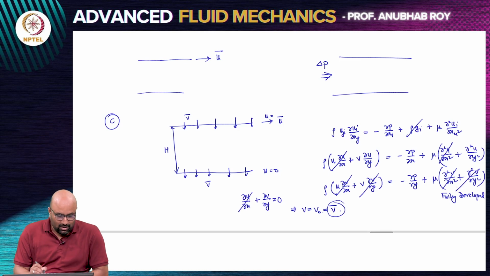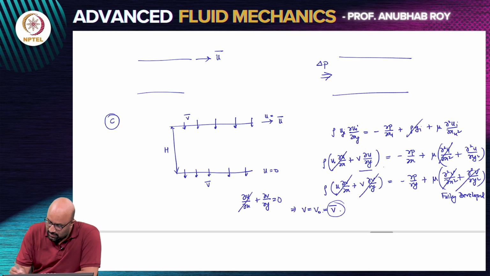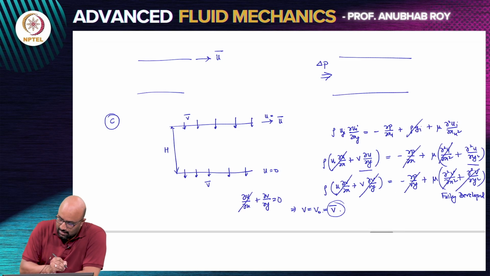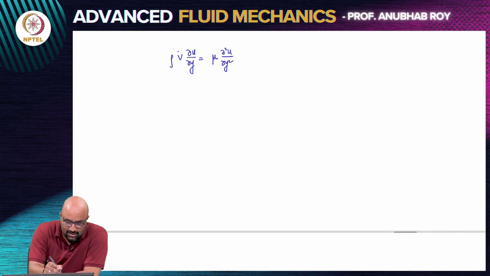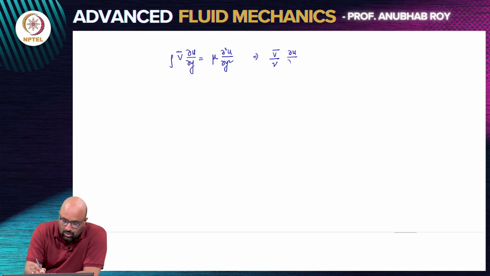So, we are back to an equation which is rho v dou u dou y is equal to mu dou square u dou y square, and v is a constant, so I can write this as v bar. You can write this now as v bar divided by nu, the kinematic viscosity, times dou u dou y is equal to dou square u dou y square.